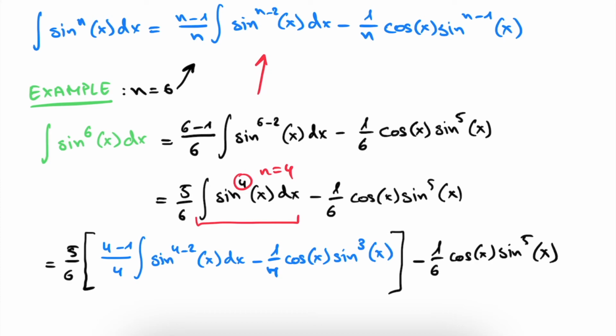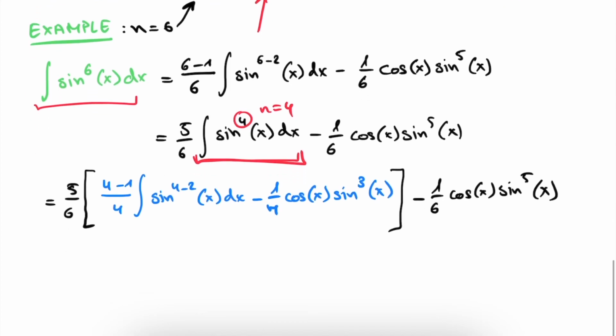And as an overview, we first reduced this power of 6 of a sine to this integral of a power of 4. And now we again reduce this integral of the sine to the power of 4 to the integral of the sine to the power of 2, of which we just know the result.